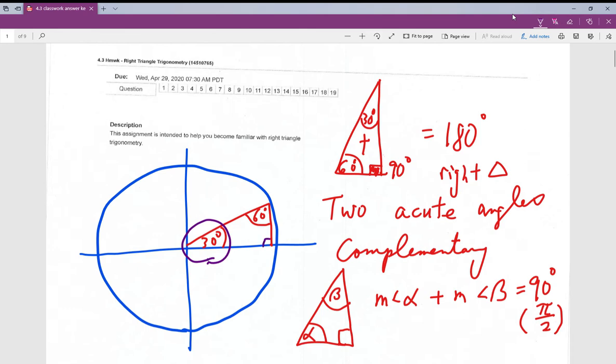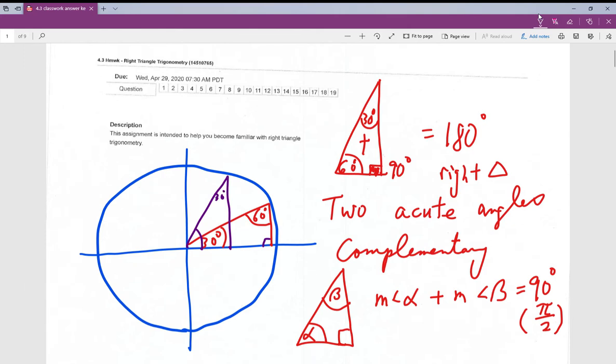If we want to talk about the reference angle being 60 degrees, then you need to redraw. You need to draw another triangle. Then this will be 60 degrees, and this becomes 30 degrees.